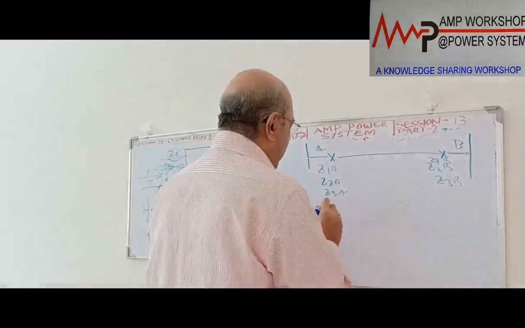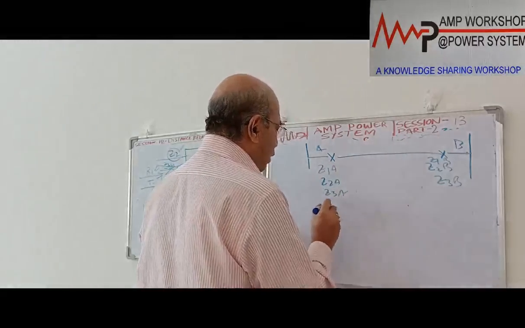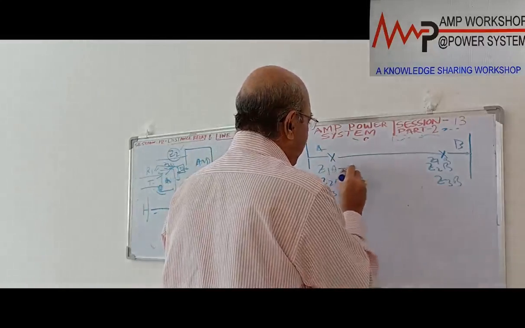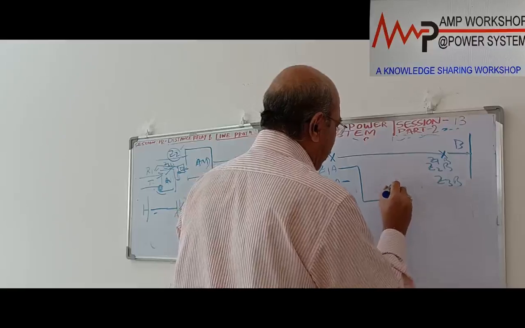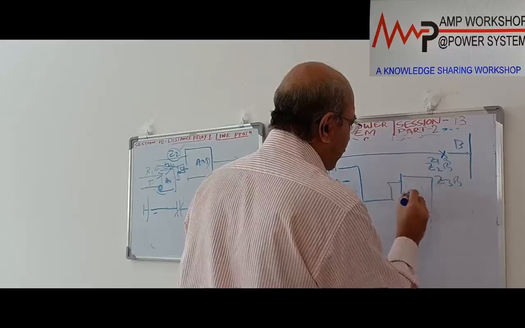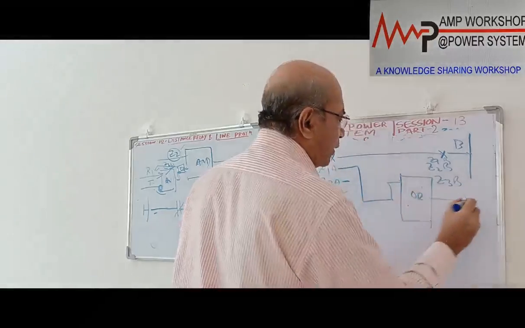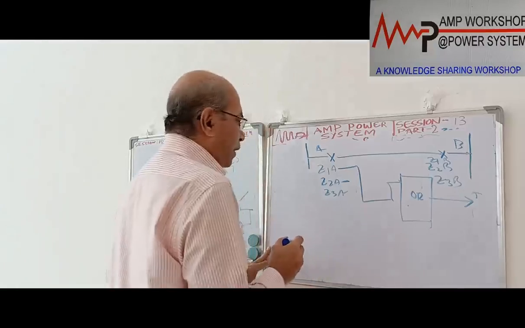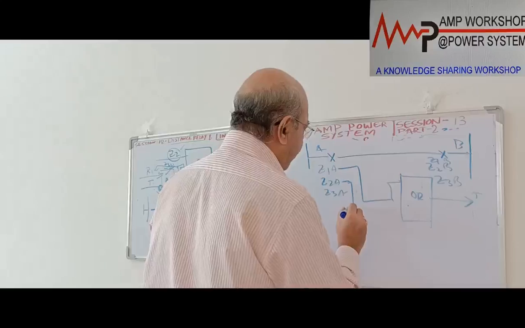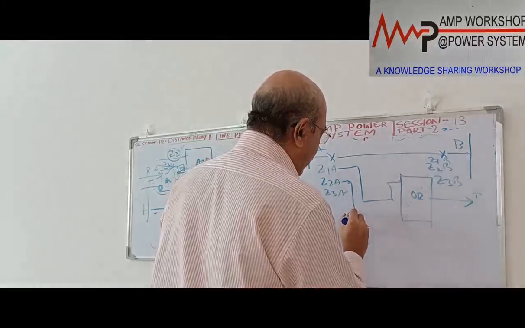Okay. Now here, as we did for the permissive overreach scheme, this is your logic. From here the Z1 element will give a trip through an OR gate, and it will issue the trip command. At the same time, if the Z2 element is operating, it will give a trip command with a time delay.